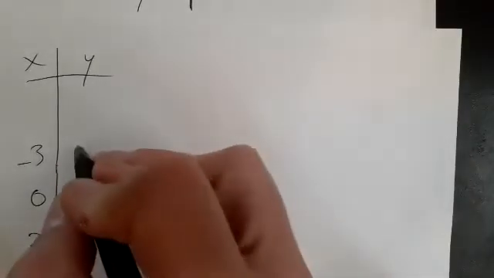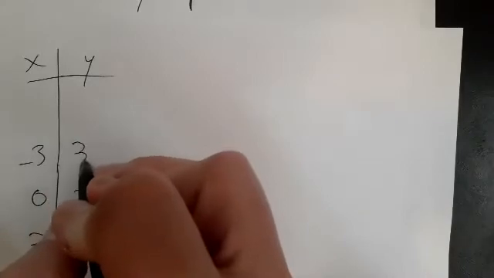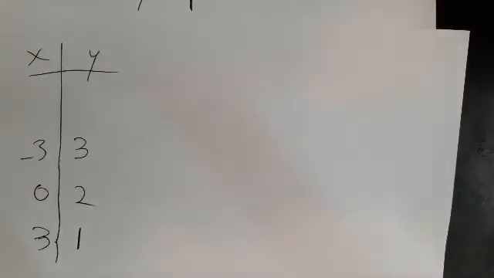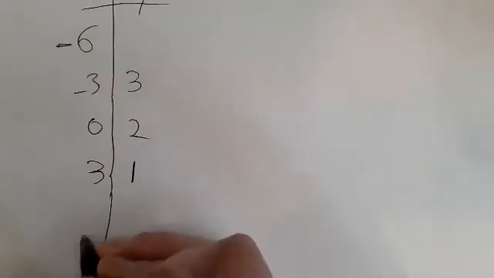So when x is minus 3, y is 3. And if you do 3 and a minus 3, maybe you're catching the pattern, maybe not. But what we're doing is multiples of 3. So another good number to do would be like minus 6 and 6.